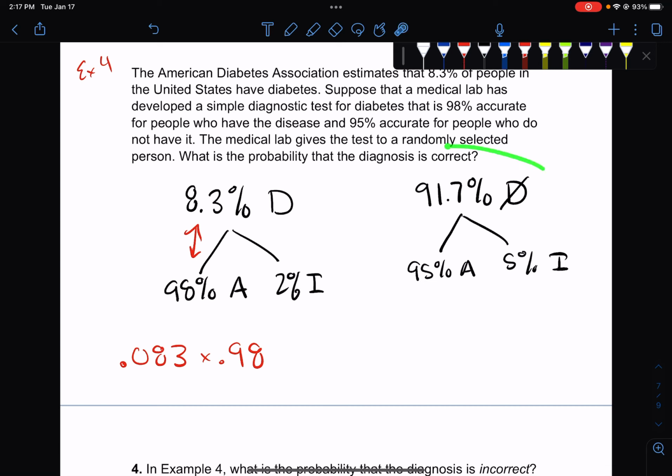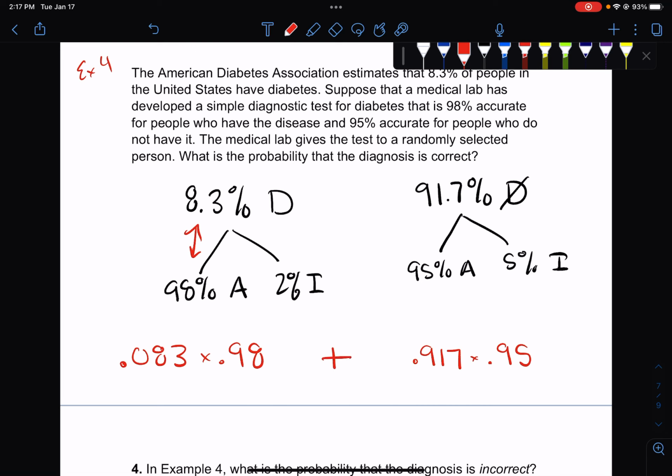On this other side, 91.7% of the population, it's 95% accurate. So this one, I'm going to write 0.917, and I'm going to multiply that by, what do I want to multiply that by? 0.95. So I've got two different groups here of probabilities that I need to add together.